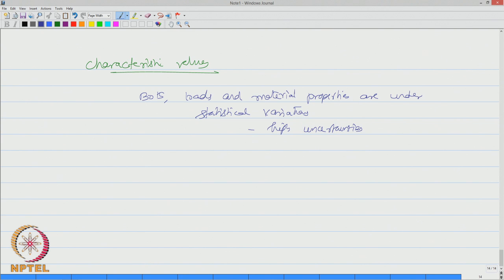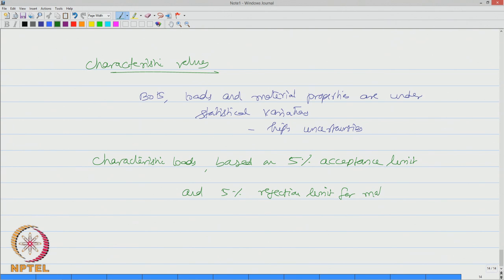Therefore, characteristic loads based on 5% acceptance limit and 5% rejection limit for material strength are used in the design.